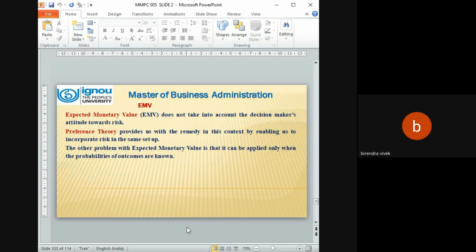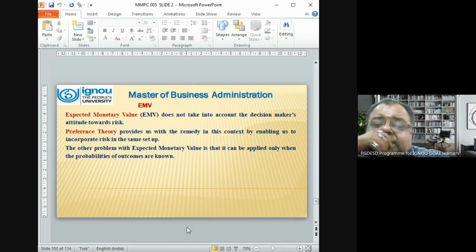Yes, preference theory. What does this say? It provides us with the remedy in the context of enabling us to incorporate risk in the same setup. We are talking in terms of probability. The other problem with expected monetary value is that it can be applied only when the probabilities of outcome are known.